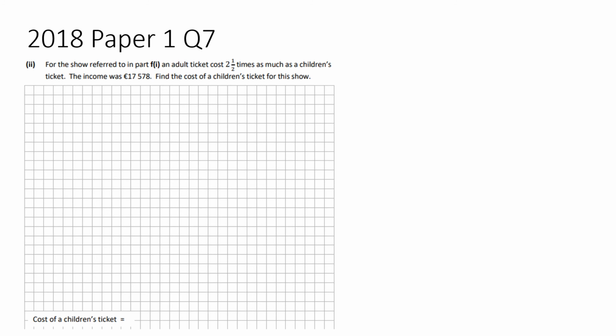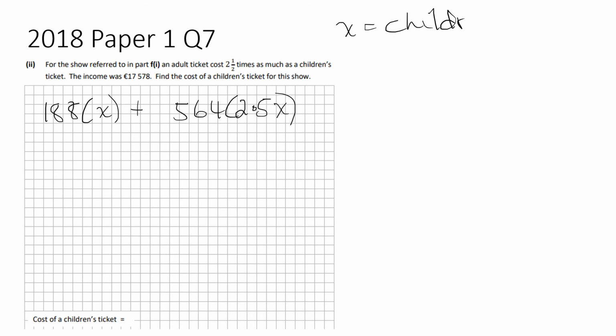So a child ticket is 188 because that's the amount of tickets. We don't know how much they are. And then we have the amount of adults, which was 564, and we know that that's 2.5 times whatever x is. So in other words, x is the children and 2.5x is the adults.